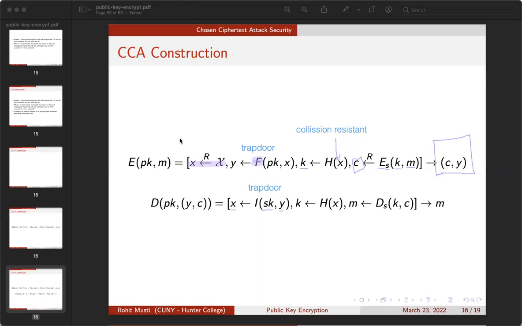All of these systems, this is our trapdoor function primitive outlined in red. And then we use our derived X to generate our key K, and then we use that to generate our ciphertext or decrypt our text.